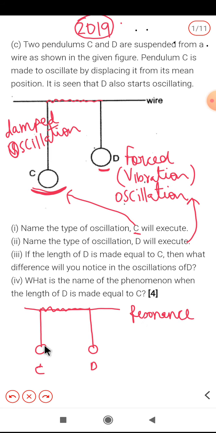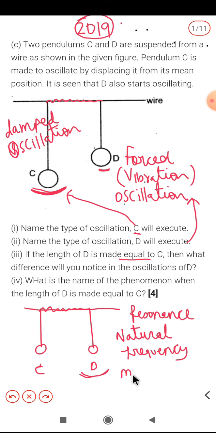The driving pendulum and the oscillating pendulum have the same natural frequency, because their lengths are now equal. So, if we make the lengths equal, D will oscillate with the maximum amplitude.